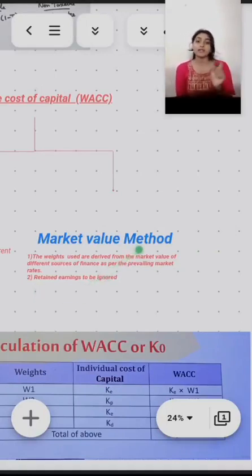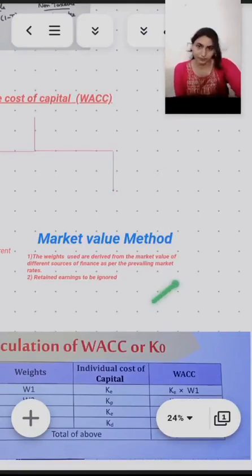Why? Because we are calculating as per market value, and whatever the market value of equity is, the retained earnings are already included in it. So separately we should not calculate it. We should ignore the retained earnings when calculating by the market value method.